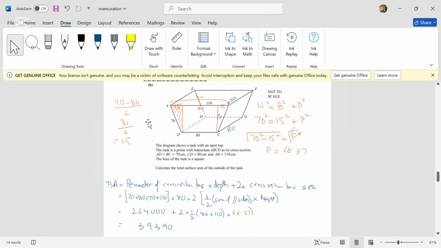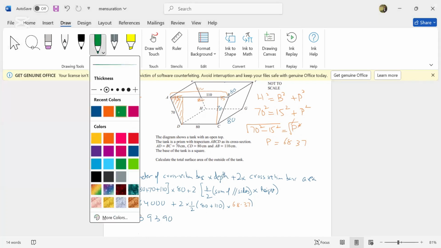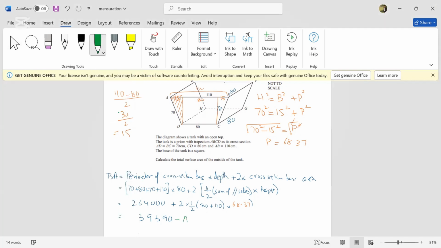So it will be 39390 minus the area of the top rectangle, 110 into 80, and eventually we get the answer 30590 centimeter square. Hopefully it's clear. Let's move further.